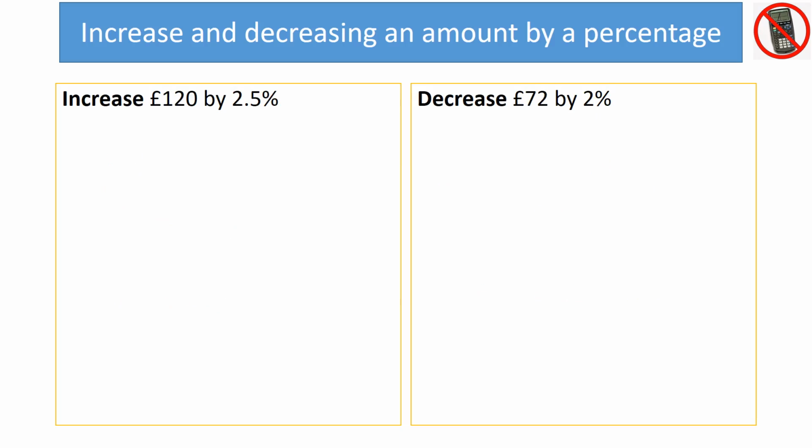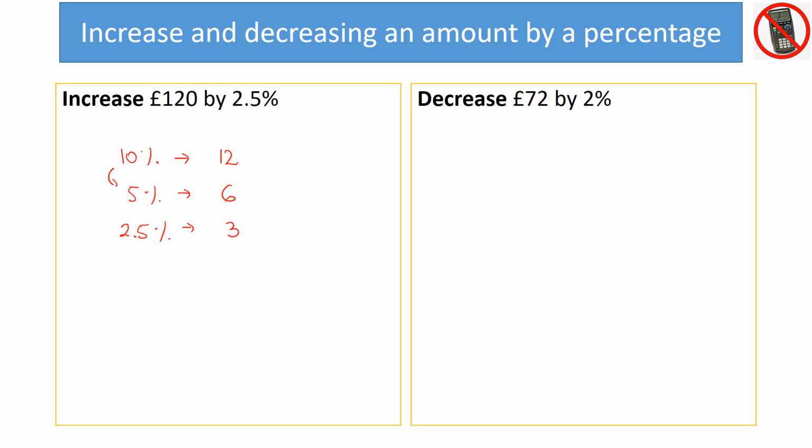In the next question, I've got to increase £120 by 2.5%. Okay, so I can work out 10% first, which is 12, because 120 divided by 10 is 12. Then I can work out 5%, and that is a half of 10, which is 6. Then I can work out 2.5%, which is half of 5%, and that is 3.